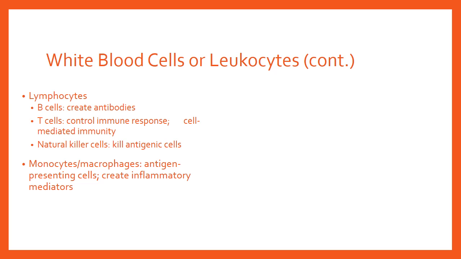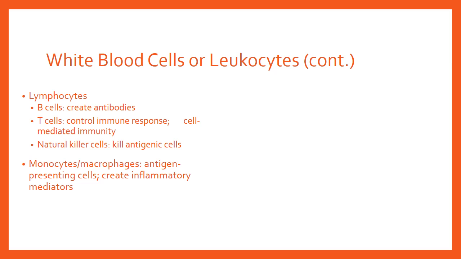Lymphocytes come from the lymphoid stem cells, and of course they can be found in the bone marrow. Lymphocytes constitute approximately 30% of white blood cell counts. Sometimes it can be lower, but usually the number we like to see is 30. Again, there are no granules, so because of that we can call them agranulocytes. So it's B cells, T cells, and natural killer cells.